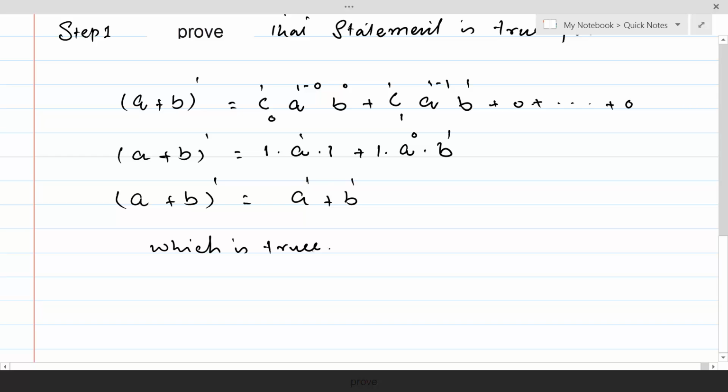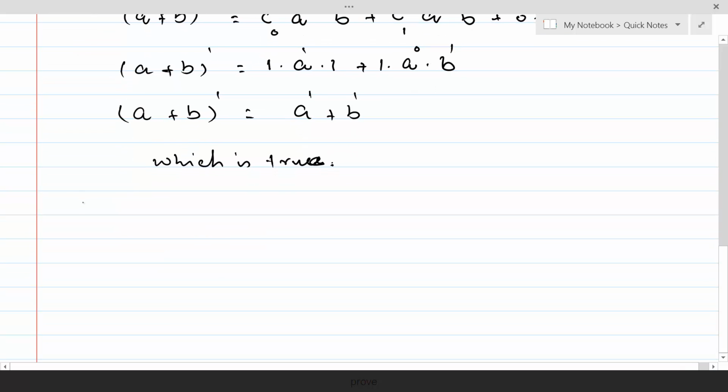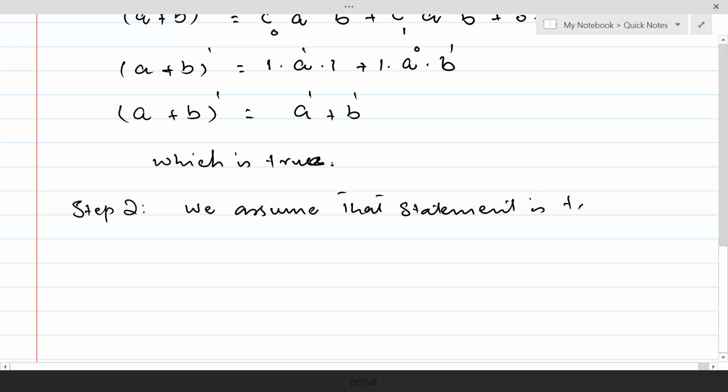So now for step 2, we assume that the statement is also true for n is equal to k.